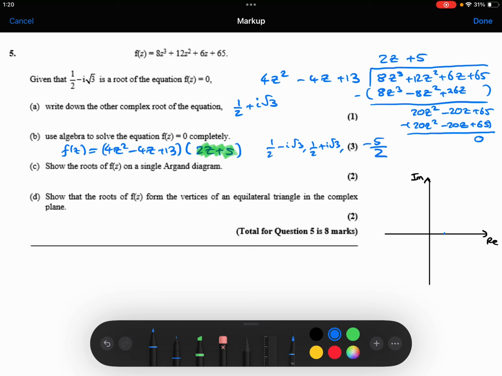Here's 1/2 roughly there. The minus I root 3 will be down here. The 1/2 plus I root 3 will be there. And the minus 5 over 2 will be roughly there.